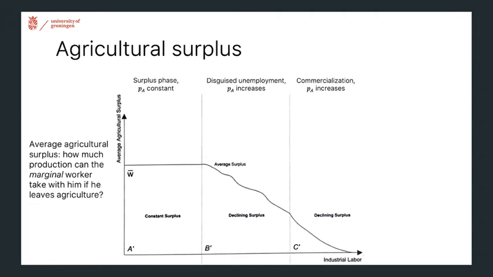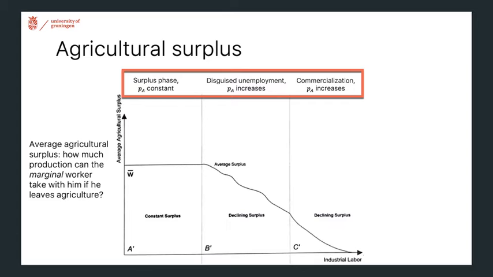And this plays another important role, namely by influencing the price of food. Right? So as we see here at the top, in the first phase of this model, the price of agricultural products is constant. In the disguised unemployment phase, there's an increase, and in the commercialization phase, there's an increase.